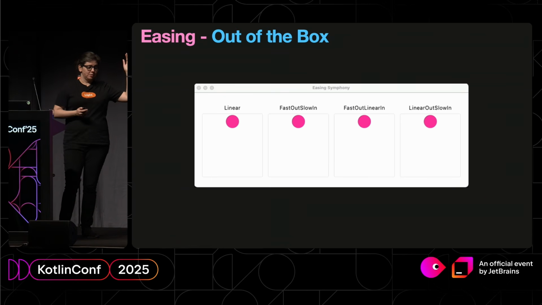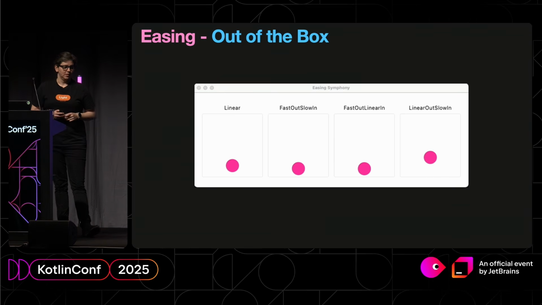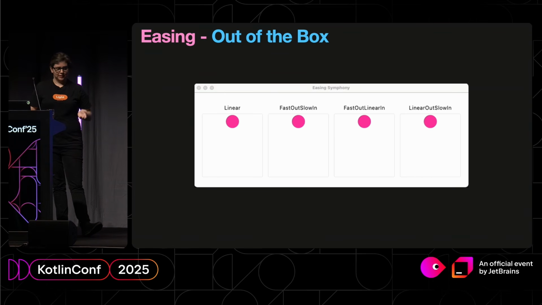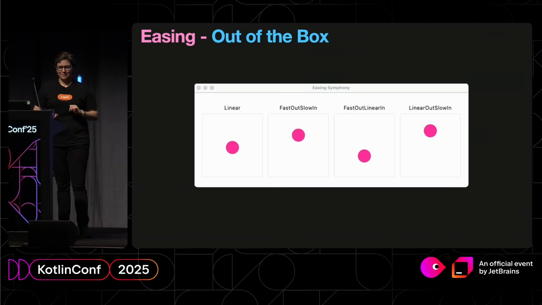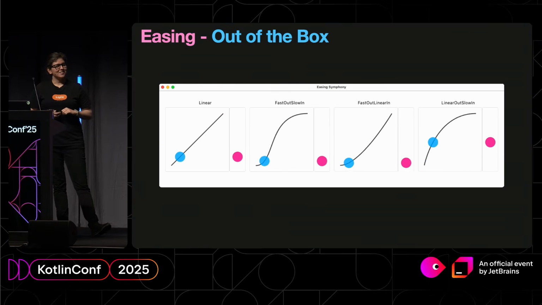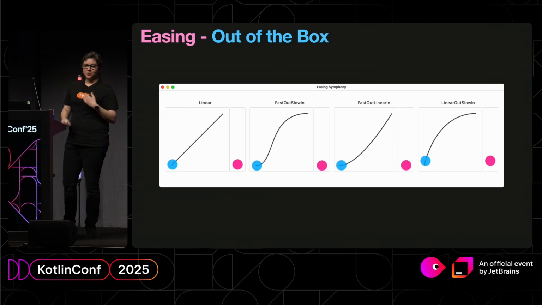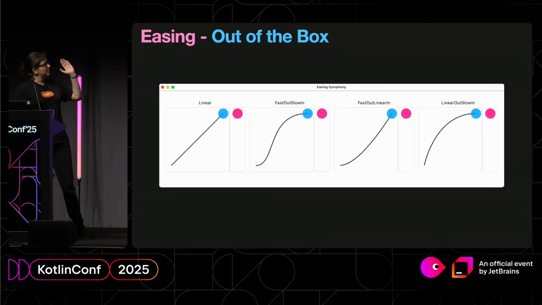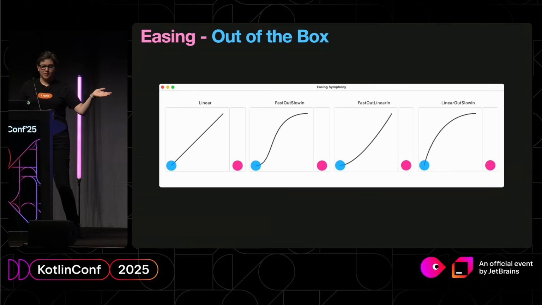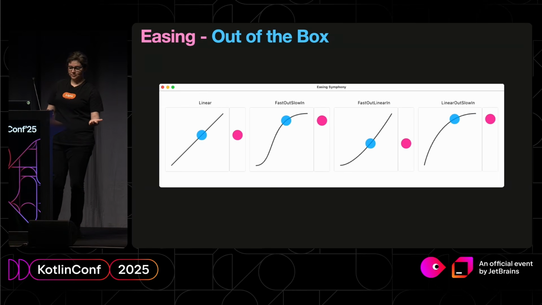Some of them speed up super quickly, some of them just go straight, and that's the power of easing. But to make it more clear, if you plot this velocity by time, and yes, I am a math nerd, sorry, you would get these graphs. So it's even more clear how this velocity is changing. As you can see by the plots of these easings, all of them are totally different. And this is basically defining the behavior of the thing you're animating.